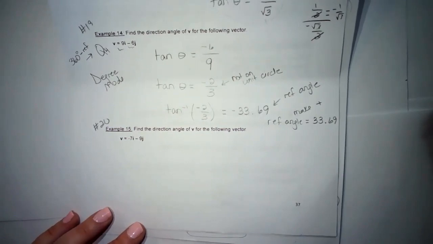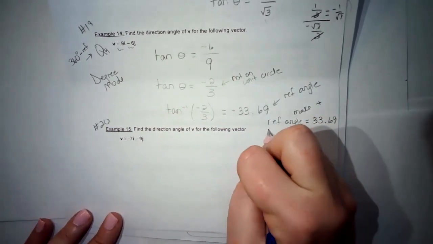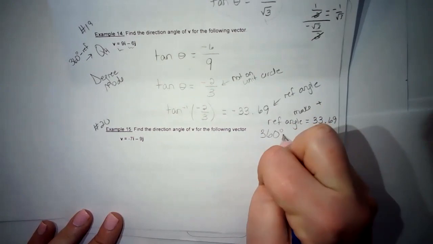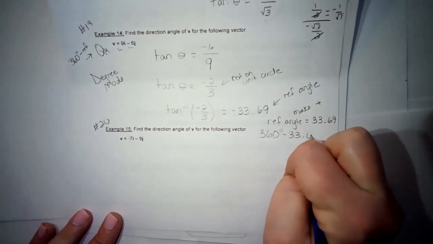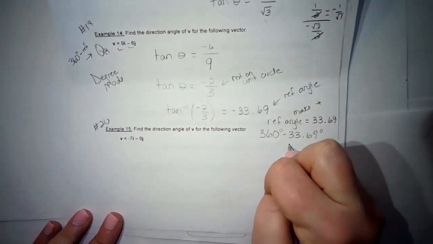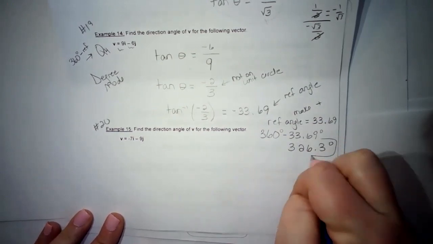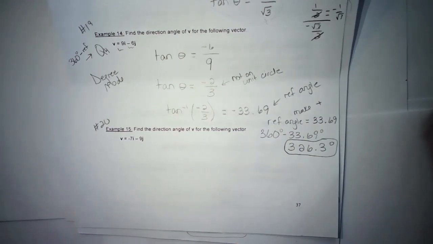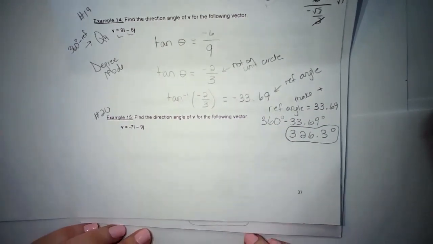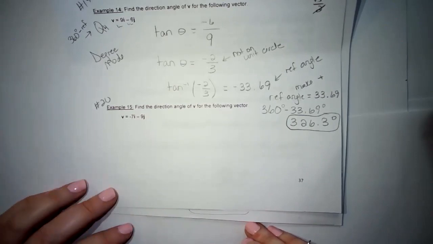That's what quad 4 says to do. So I'm going to do 360 minus 33.69, and I came up with 326.3 degrees.